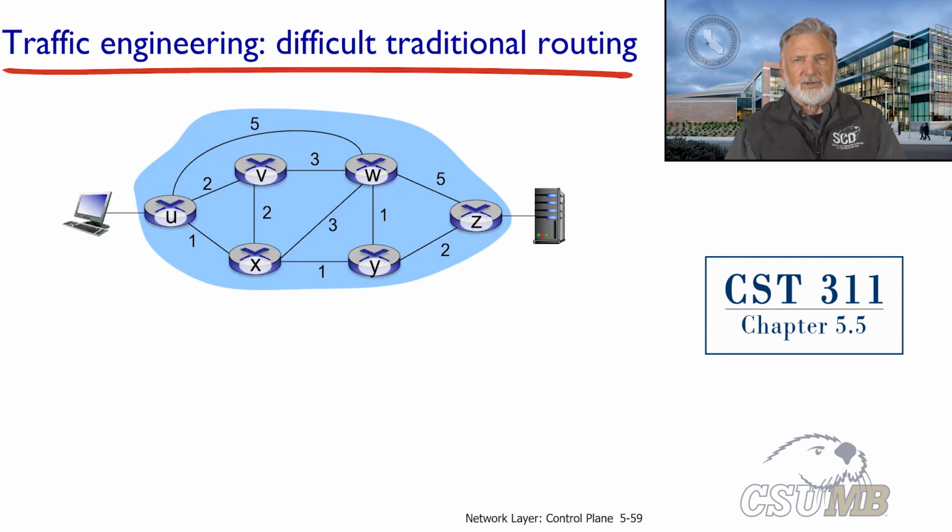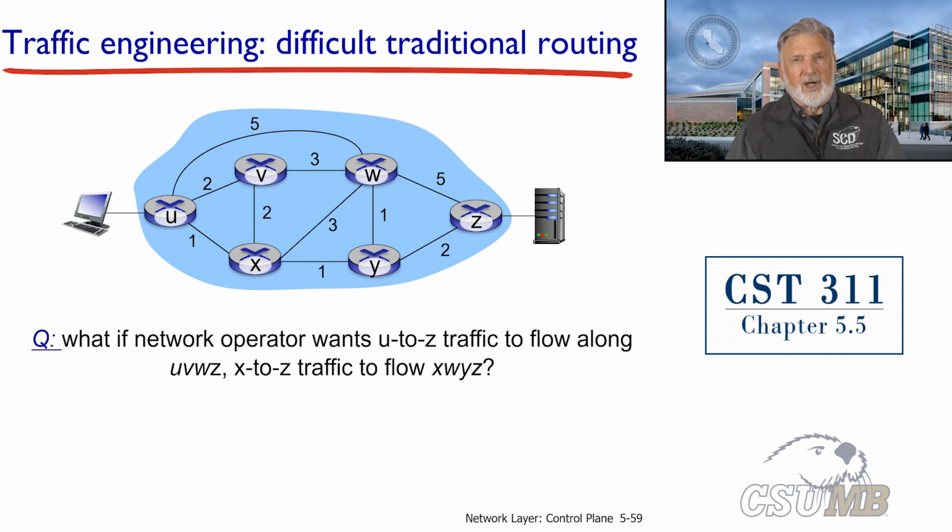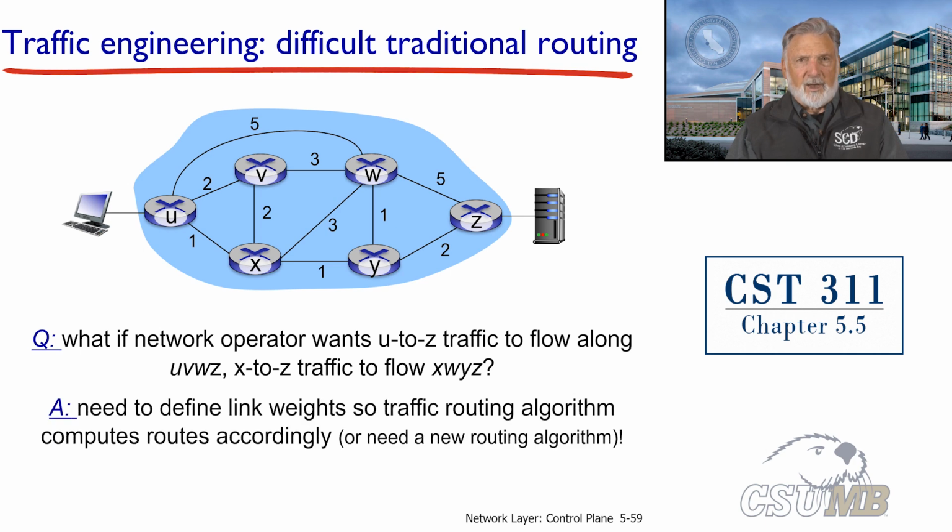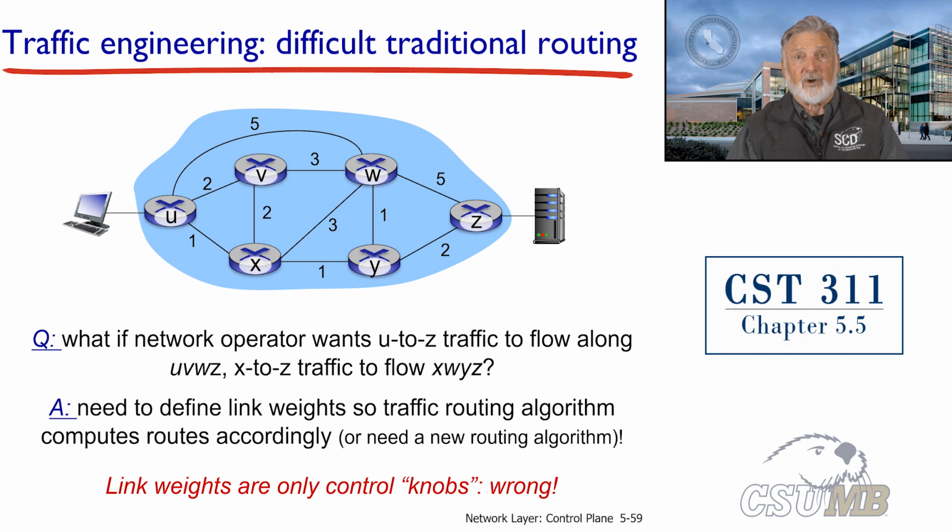Let's look at some of the issues that traffic engineering encountered under a legacy network layer approach. In traditional routing, the network operator had limited tools to refine network flow. The routing algorithms are based upon link weights, which limit the ability to easily direct traffic along specific routes.